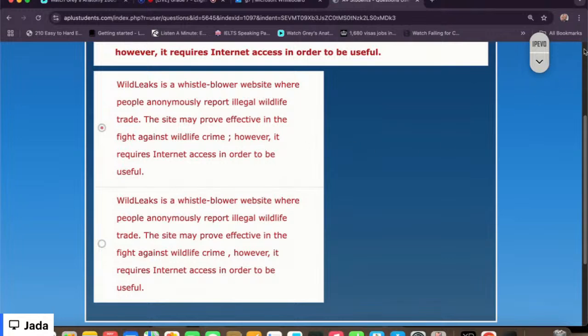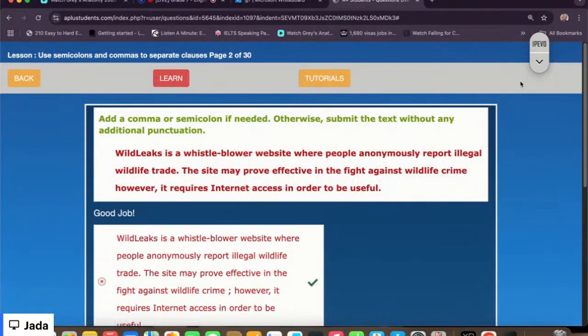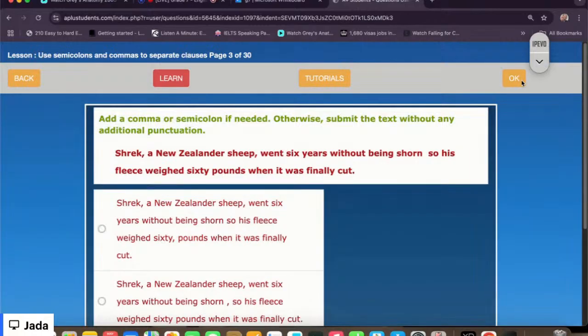We have however here, a conjunctive adverb. So we need to put a semicolon.